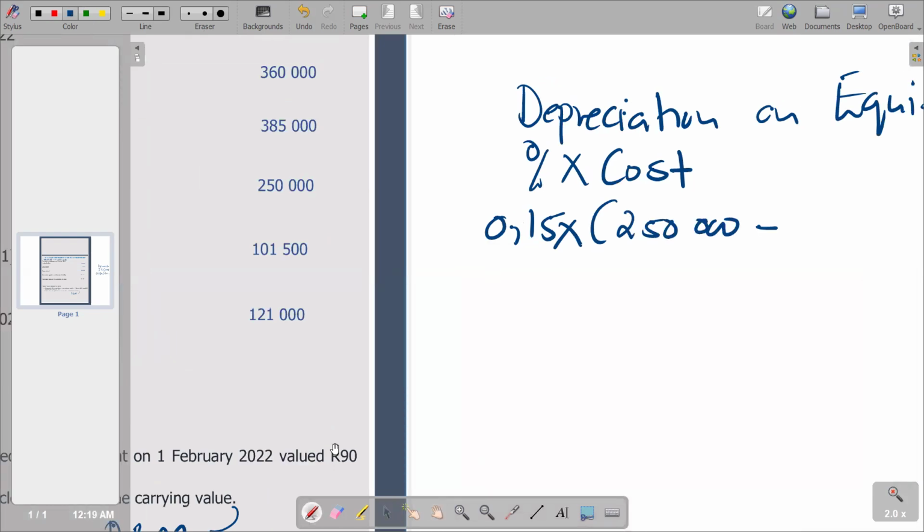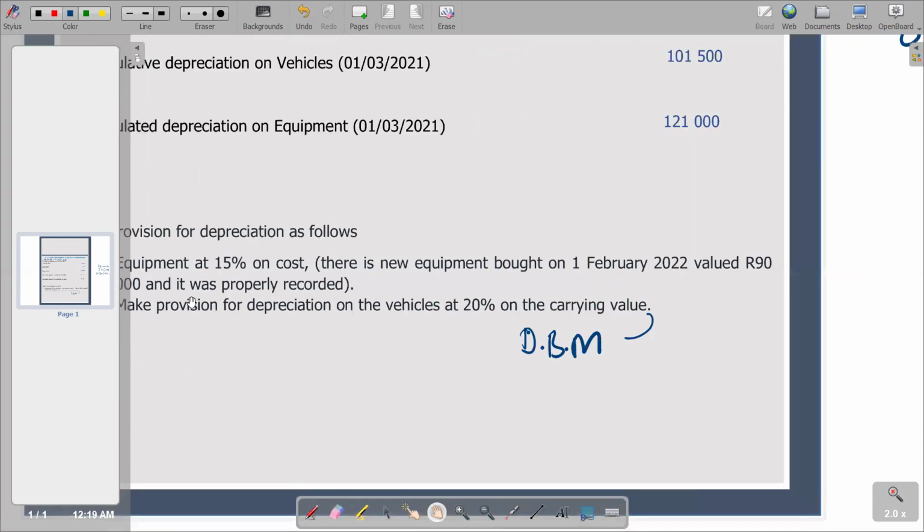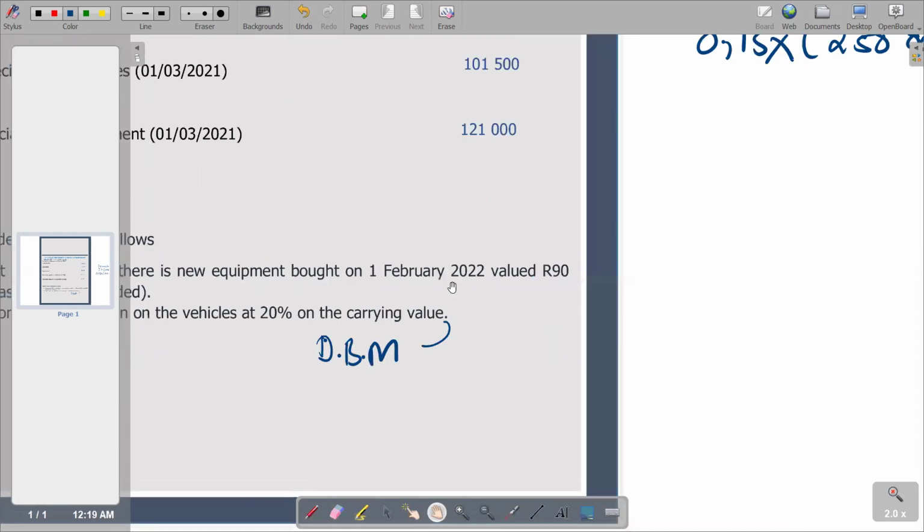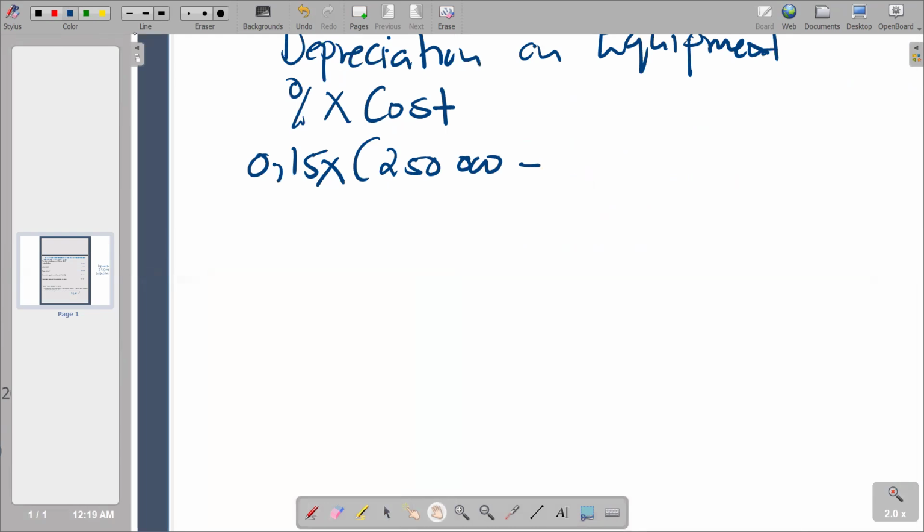And then we subtract the one that came during the year, which is 90,000. Then we get depreciation for old equipment that were there for the whole year. So we are saying this is depreciation for old equipment. So we can just represent it by "old year", so that we can see. Then from there we can now try to calculate and see what we get.